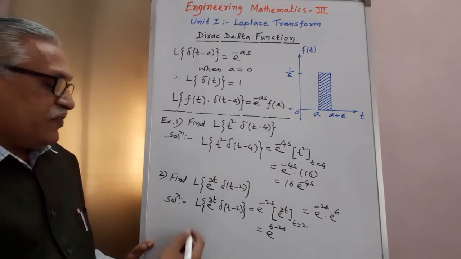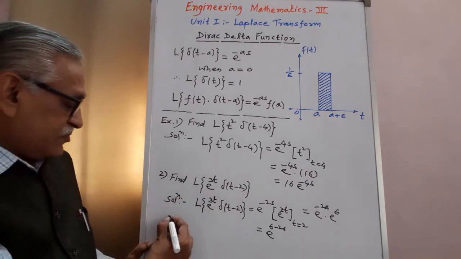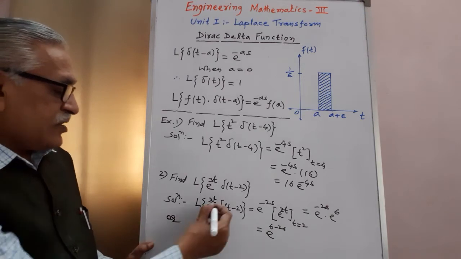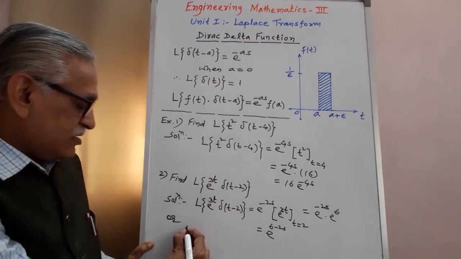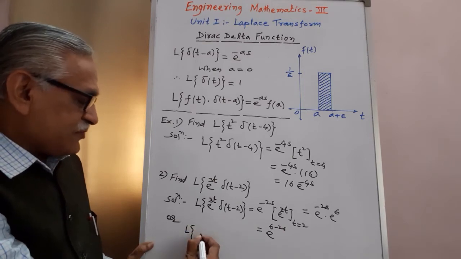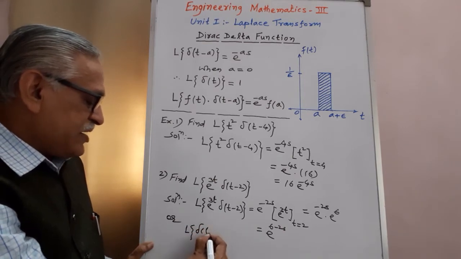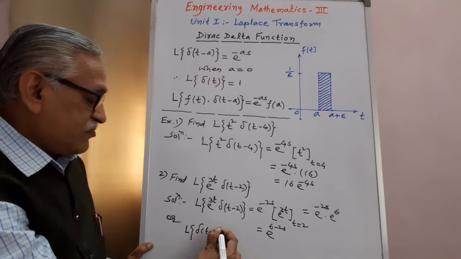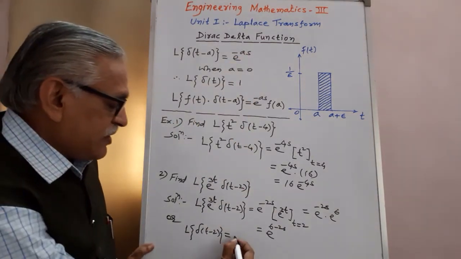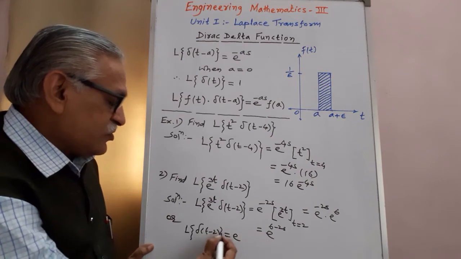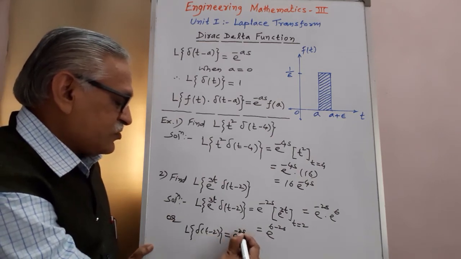Or we can go by the first shifting theorem, where we first find the Laplace of this. We know that Laplace transform of delta of t minus 2, as per this result, is e raised to minus as, a is here 2, therefore e raised to minus 2s.